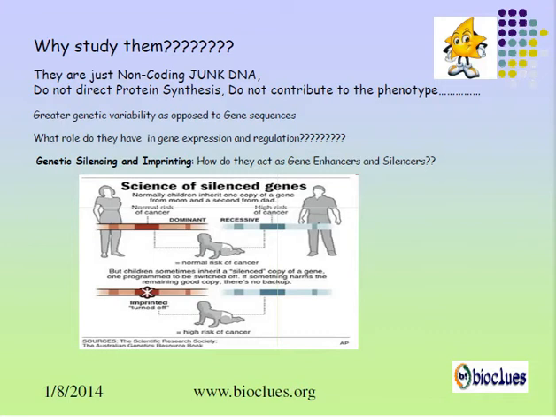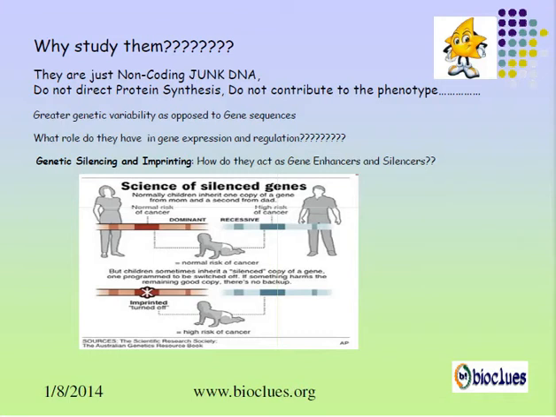Unlike gene knockdown, which we all know, where the expression of a gene is reduced, silencing is a process where the expression of a gene is completely turned off. And this turning off is called imprinting.